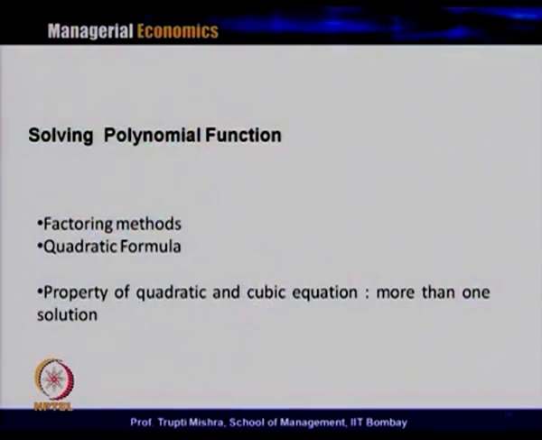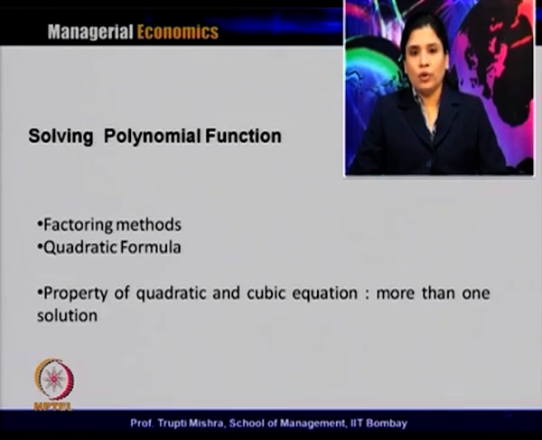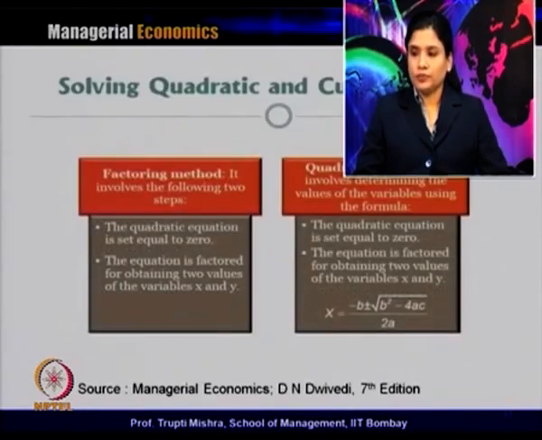Now, how to solve a polynomial function? Either through the factoring methods or through the quadratic formula. And what is the property of a quadratic or a cubic equation when there is more than one solution? So, a polynomial function can be solved by the factoring method and the quadratic formula, and by both these methods it can be solved, and the property of quadratic and cubic equations is that they have more than one solution.